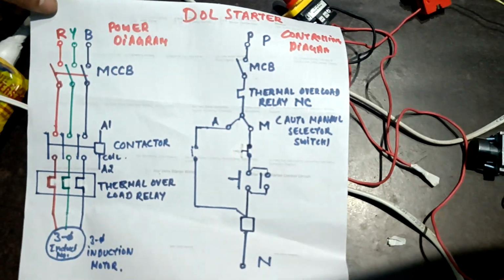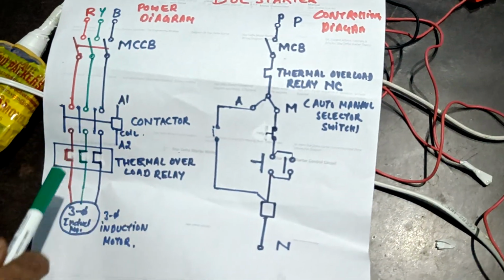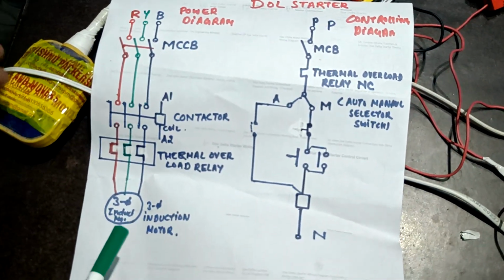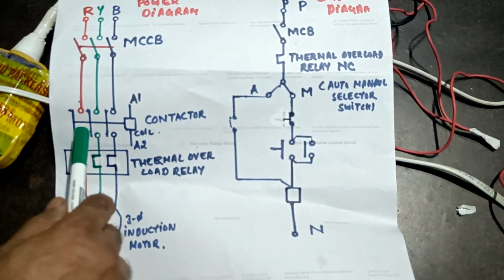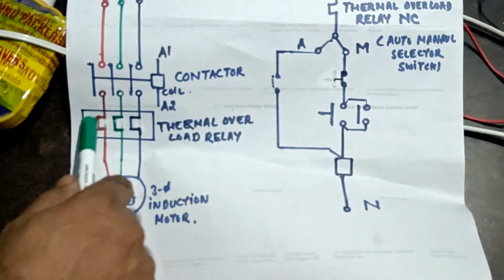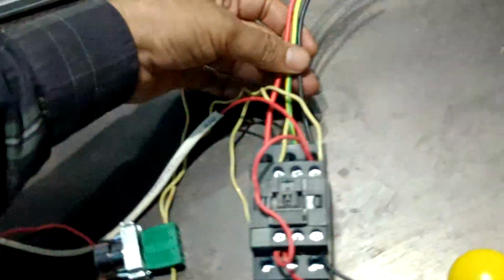First, I am explaining the power diagram. In the power diagram, we require the MCCB for controlling, to provide the supply to the contactor and the motor. Then I require the contactor power contacts. Then I require the thermal overload relay. I am starting from the contactor because the MCCB is not with me.